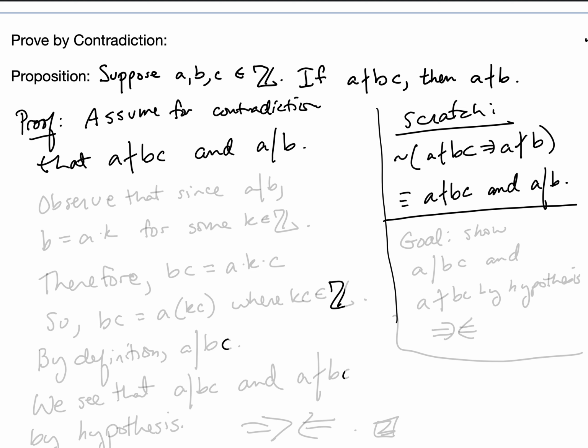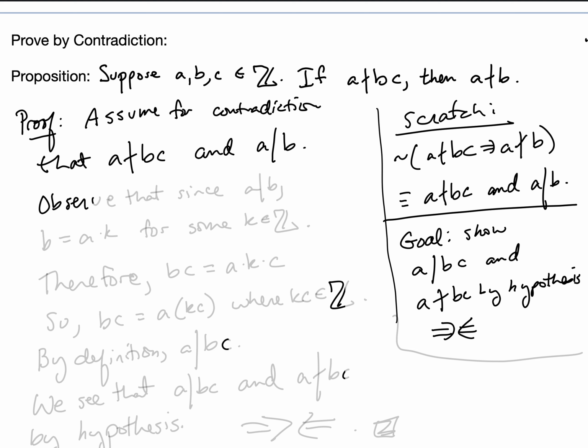What is some contradiction we could show? Well, maybe one potential goal is to show that A does divide BC, and we know by hypothesis that A does not divide BC, and this would be a contradiction. So that could be a potential goal.